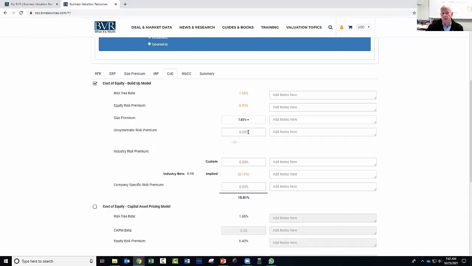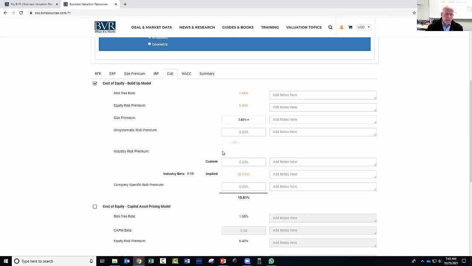Well, I'm not going to do that at this point. I don't have any good reason to do that. I haven't talked with you enough about information about the company or its industry or the economy to make that selection. But if I knew some things, I might put them in here. But these are unsystematic. These are not specific to the company itself. Might be to the industry, certainly is to the market, but not the company itself.